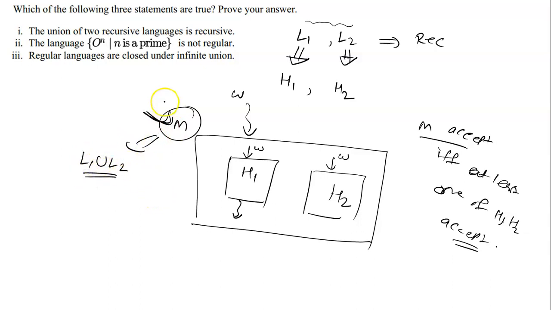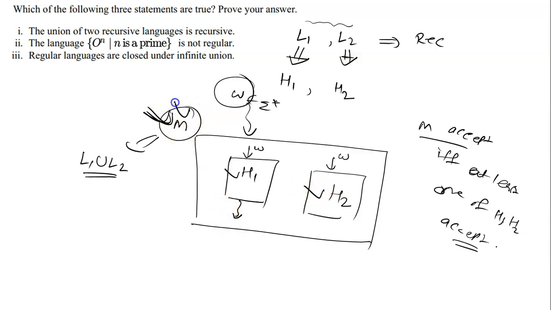But now, is this Turing machine M a halting Turing machine? Yes, it is, because whatever W belongs to sigma star you give, it is guaranteed that H1 will definitely halt and H2 will definitely halt, so M will also halt.